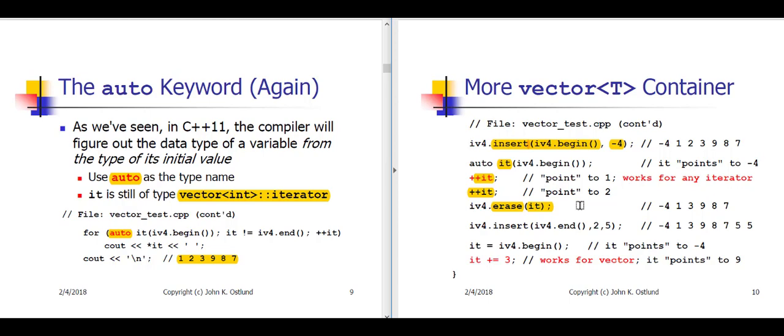Now, initially this iterator was pointing at -4. I've incremented it twice so that it's pointing at the 2. And when I erase the element that that iterator is pointing to, the 2 is now taken out of the vector, and so my vector has -4, 1, 3, 9, 8, 7.